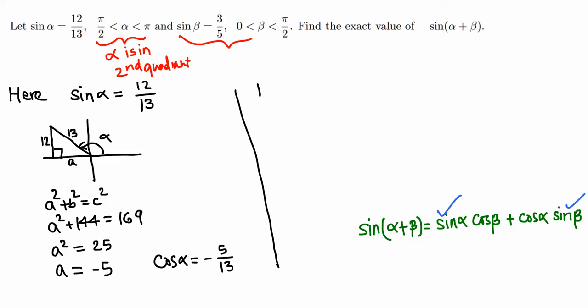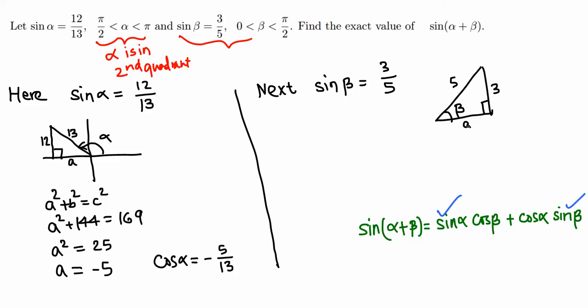Okay, next for the beta angle, we have sine beta equals 3 over 5, and beta is in the first quadrant, so let's draw the right triangle with beta, again opposite over hypotenuse, so this is 3 over 5. Let's find the adjacent a: a squared plus b squared, 3 squared is 9, equals c squared, 5 squared is 25.